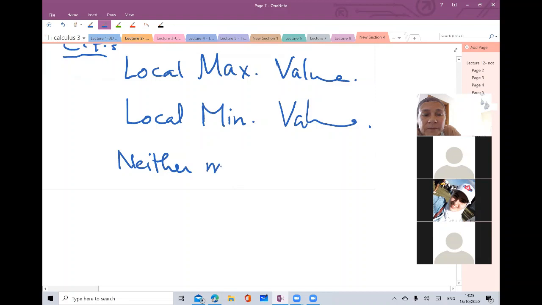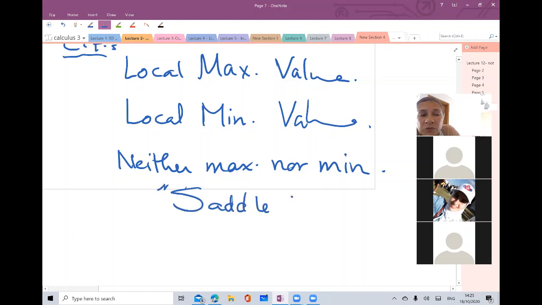Right? What we called, in functions of two variables, a saddle point. So I want to be able to distinguish my critical points into these three cases.